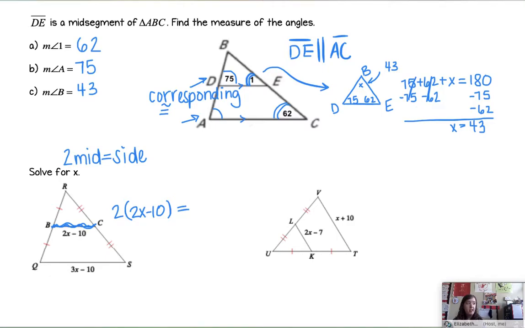What's the third side? Yes, our third side is going to be 3x minus 10. So we're going to put that in for the side. So my midsegment was 2x minus 10, and my side was 3x minus 10.